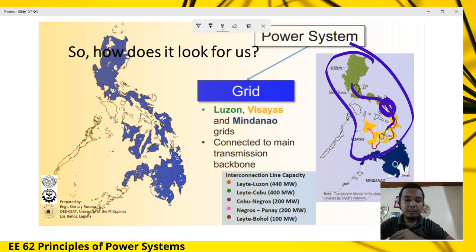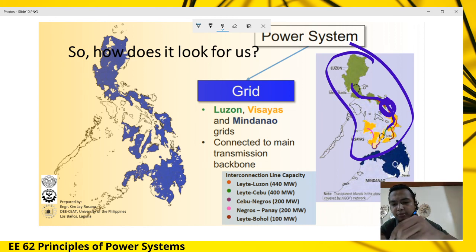Diyan yan. I wasn't able to include it in these slides pero there's an available diagram sa power system ng buong Pilipinas. And andun din yung interconnection na to. Ito. Dito. This is the interconnecting line.